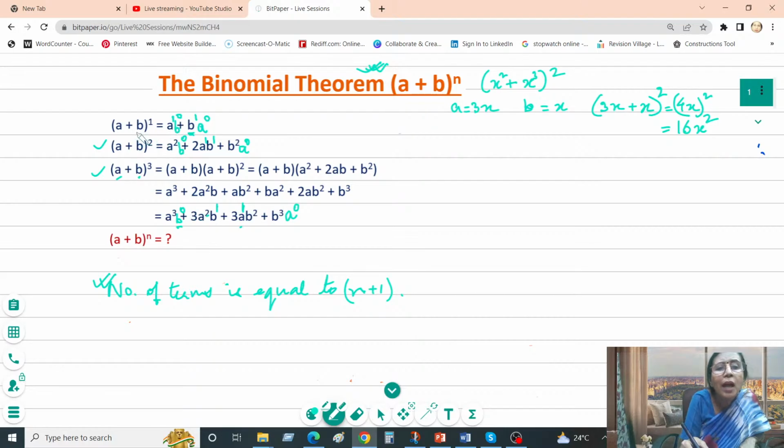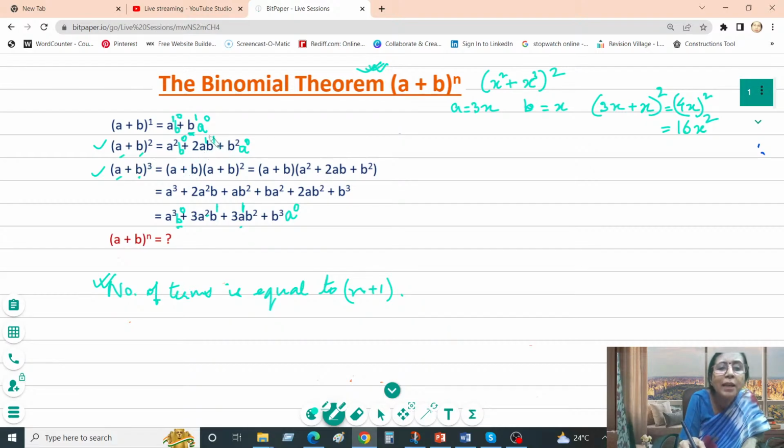Okay, now we have understood that whatever is the value of n, we will be having n plus 1 number of terms. That we have realized, and we have also realized that a and b both will be present in every term, but the powers will be different.